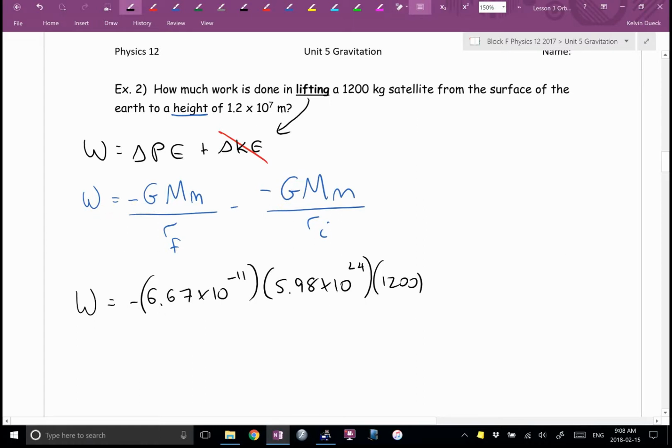That does make sense. Here it shouldn't cancel. It should take more rocket fuel to put a bigger satellite up there. All over. Now, what's our final? What word did I underline in the question? Height. So I think our final is the radius of the Earth plus that extra height.